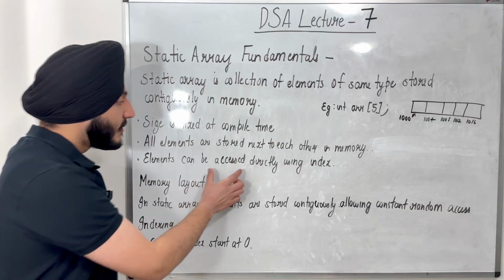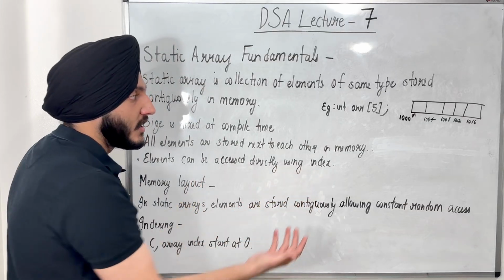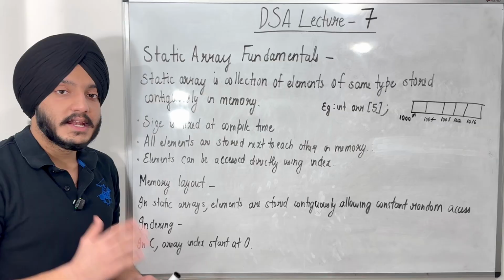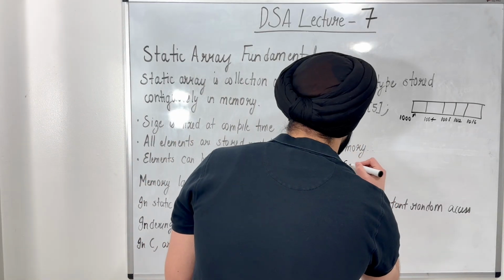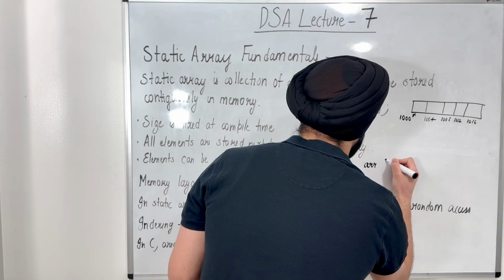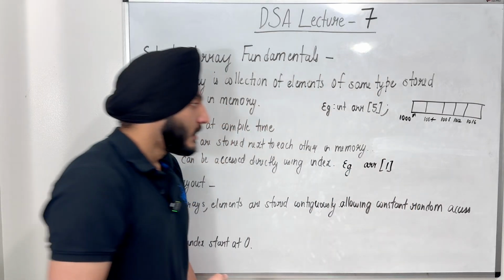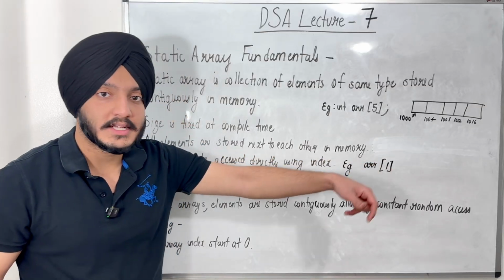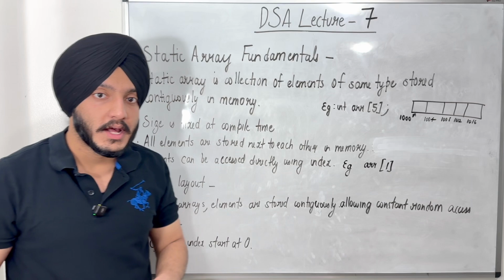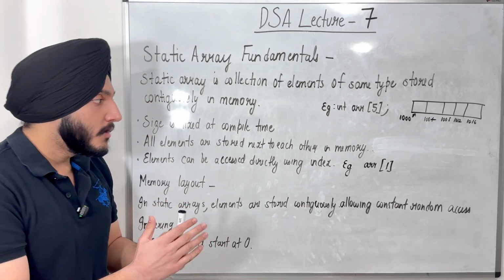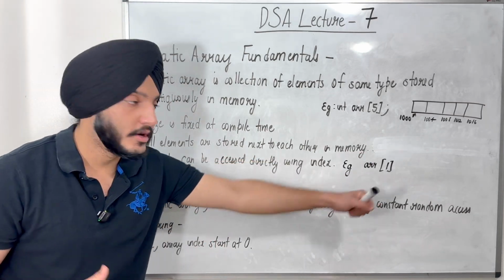Last thing is, elements can be accessed directly using the index, right? I can access any element just like this. One of the examples would be arr[1]. Let's say I'm trying to access element 1. I can just directly do it in constant time. I want to go into deep detail of how this is actually working.